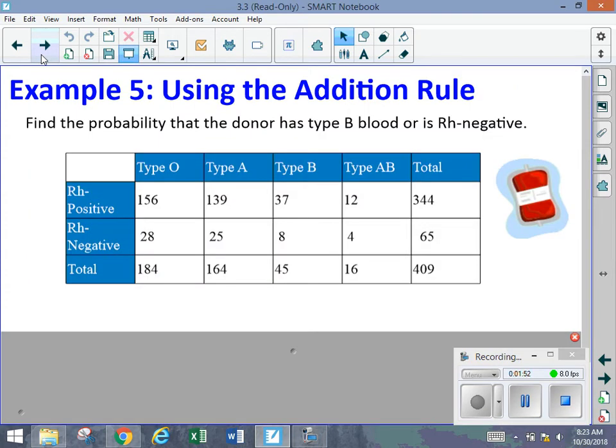All right, so let's find the probability that this donor has type B blood or is Rh negative. First of all, let's decide, are these two events mutually exclusive? If there are individuals who have both type B blood and are Rh negative, then they are not mutually exclusive.